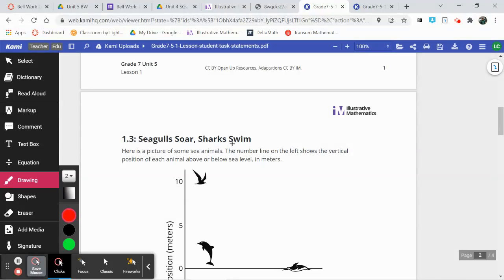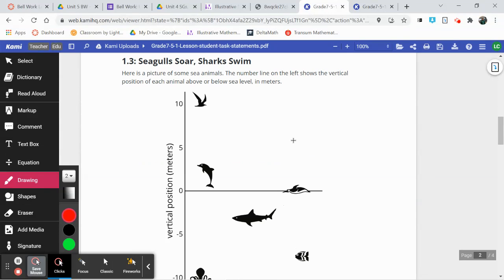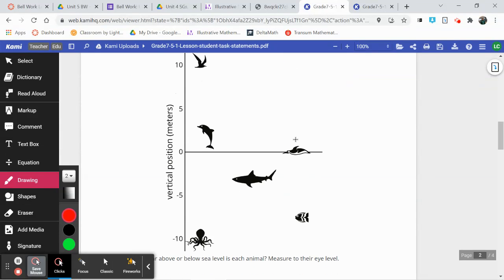The number line on the left shows the vertical position of each animal above or below sea level in meters. So let's take a look at what they're showing us here. We've got an octopus down at -10. We've got a -5 here. I see a fish below that.